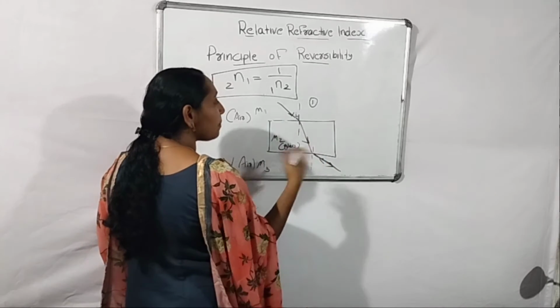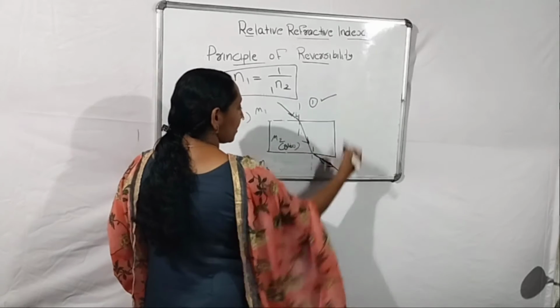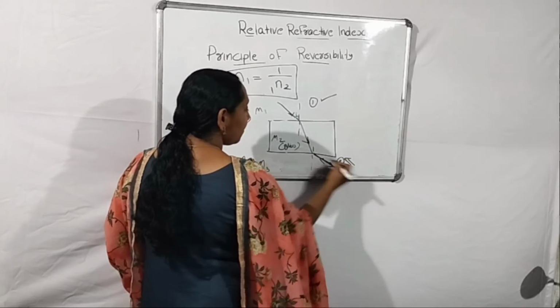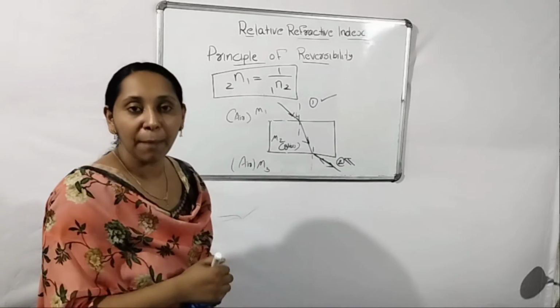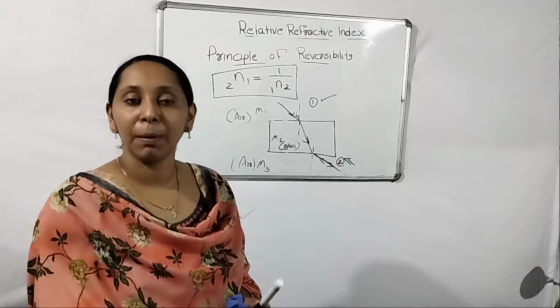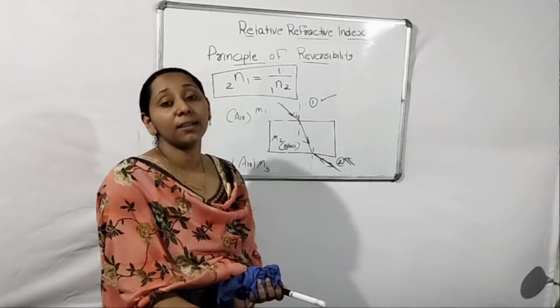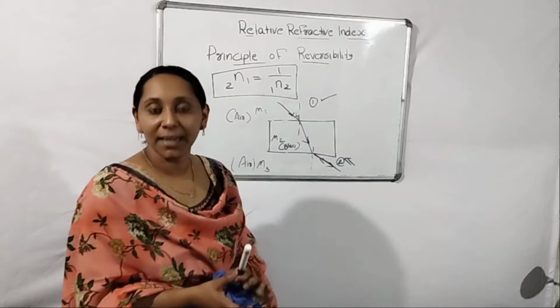In the second case, we consider the ray entering in this direction. The same path the ray will be reflected back, not any other path. That means the light ray has the capability to retrace the path. That is the meaning of the principle of reversibility.